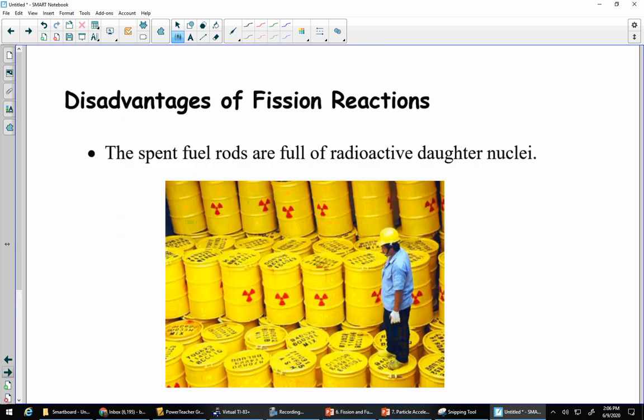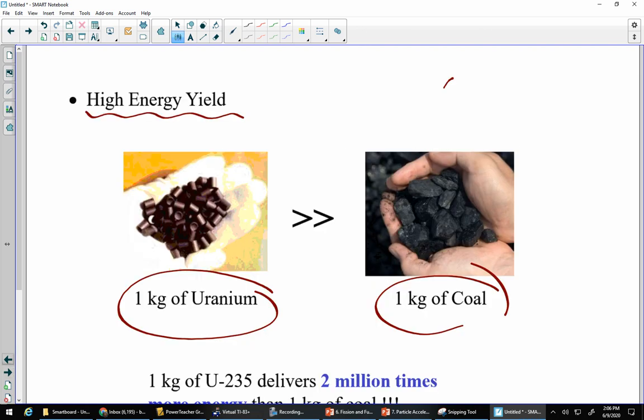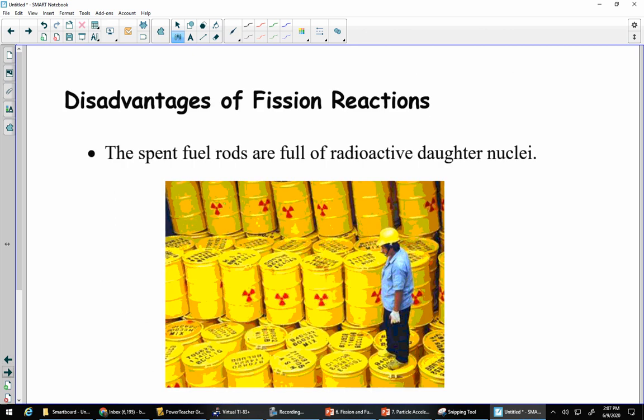That's a lot of energy. Another advantage, and this is one that we didn't really show, is that there's no carbon dioxide, which we know is a big issue with our atmosphere right now. So no carbon dioxide is actually being given off from the production of electrical energy.